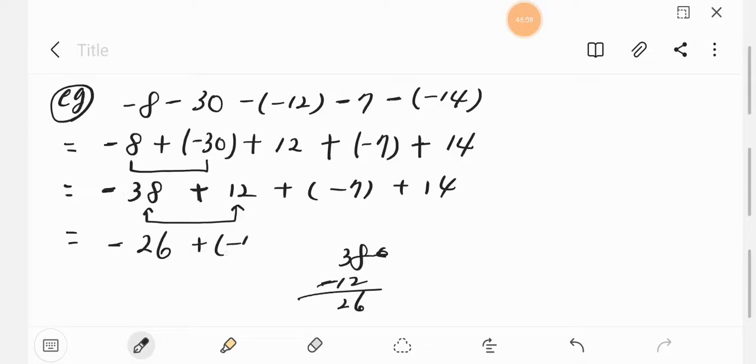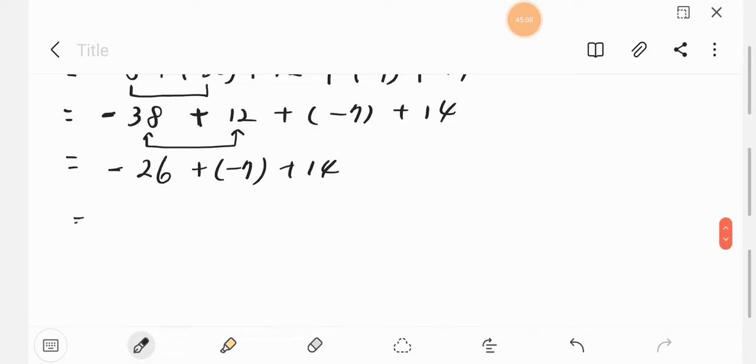Okay, plus -7, and then plus 14. All right, so let's add these two numbers, and these two numbers have the same sign. So use the same sign and then add the two numbers. 26 plus 7 is 33, and take the sign of this number.